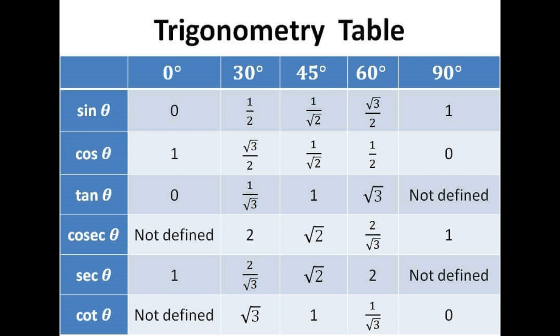So the first one is 0, 30, 45, 60 and 90.